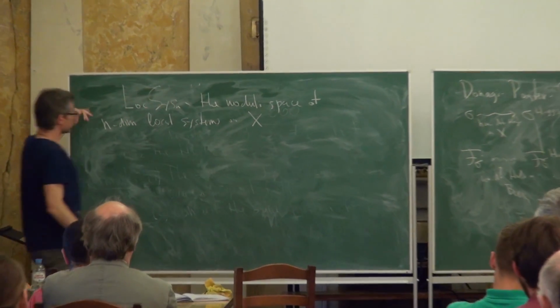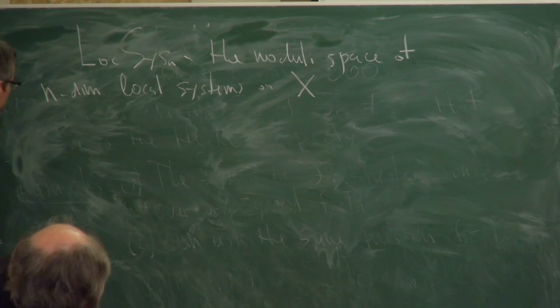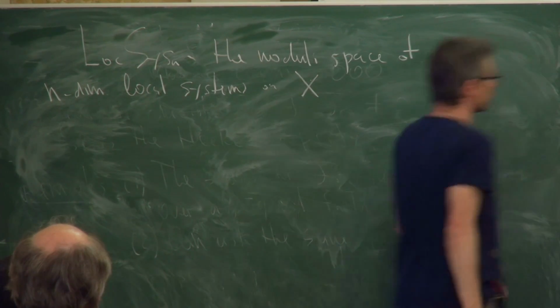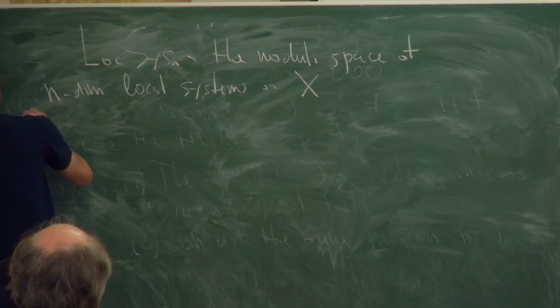What we called sigma was just a point here. To a point in this Loc-Sys, one can attach an object of the derived category of D modules on BUN, but one can try to do it in families, and one arrives at the following much more ambitious conjecture, called the categorical geometric Langlands conjecture.